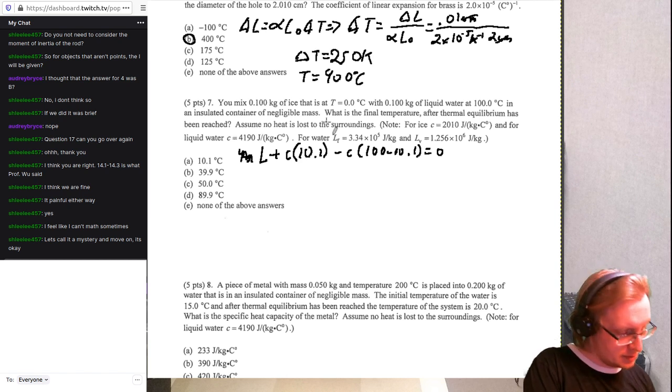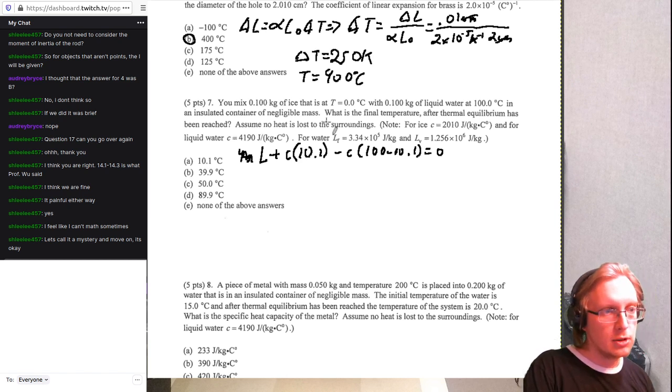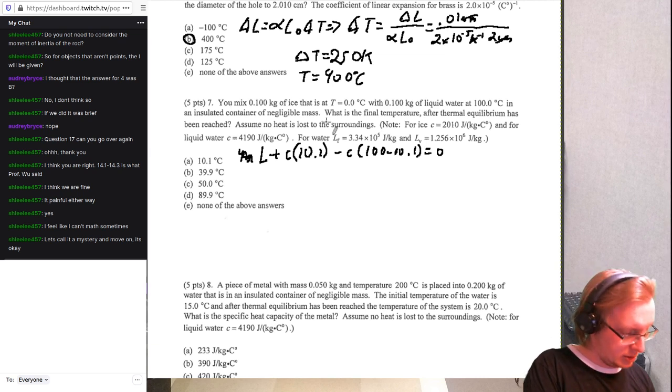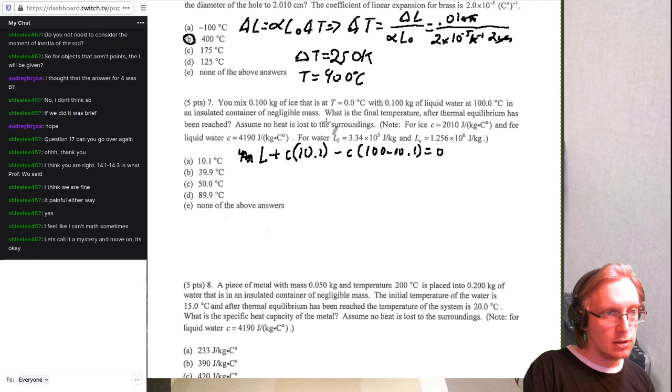So punching in the numbers, we guess and check. All right, so L: 3.34 E5 plus C of 490 times 10.1 minus 100 plus 10.1. All right, that is not 0.